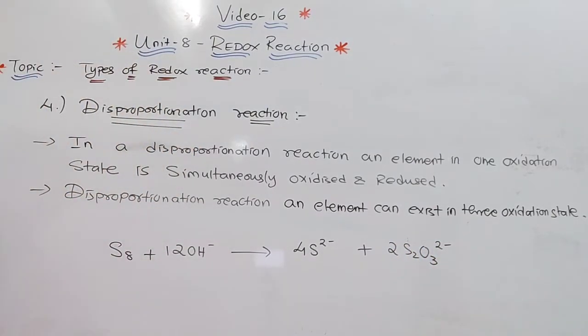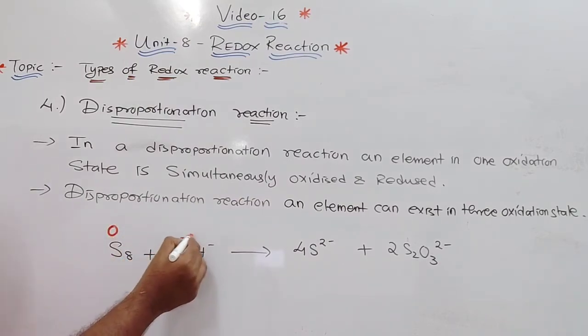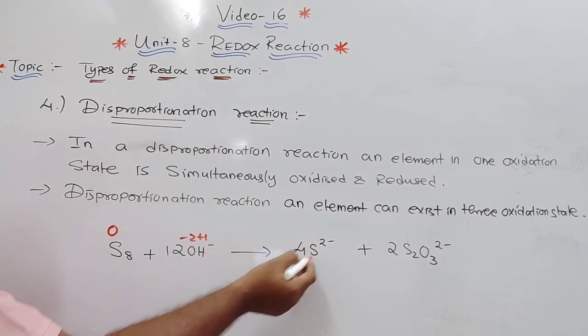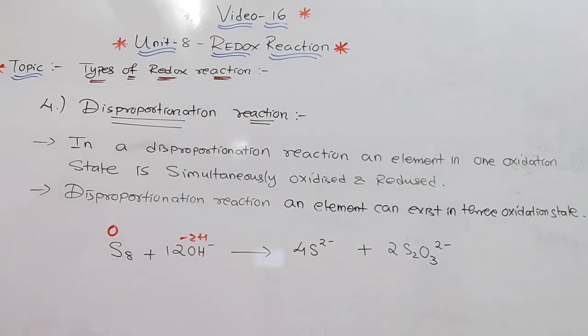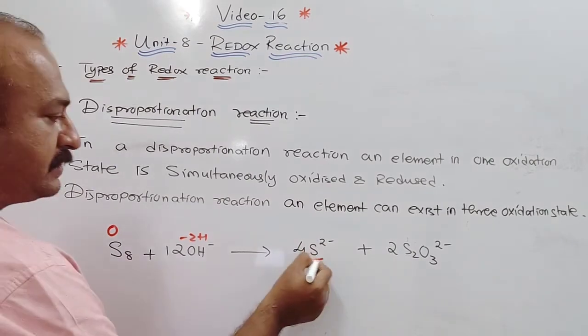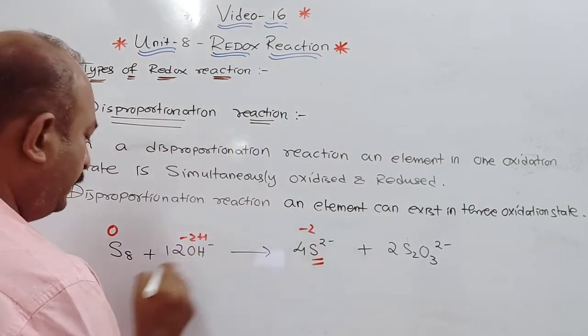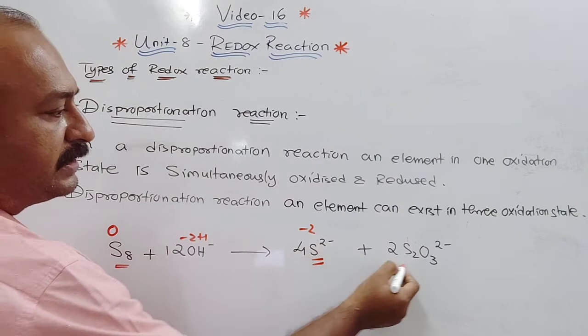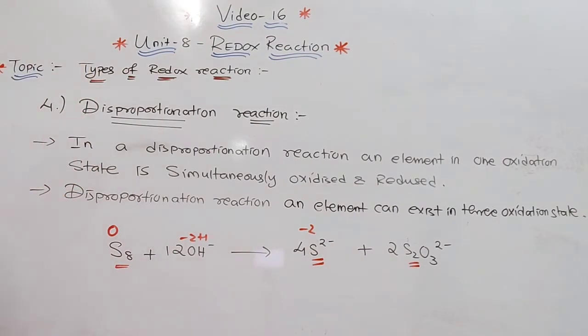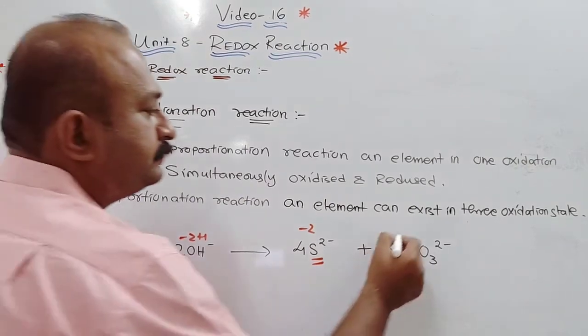Here, if you want to write the oxidation number, sulfur in S8 is 0, and in S2 minus it is minus 2, so I will take this sulfur as minus 2. And about this other sulfur, if you calculate, how much will it be? It will be plus 2.